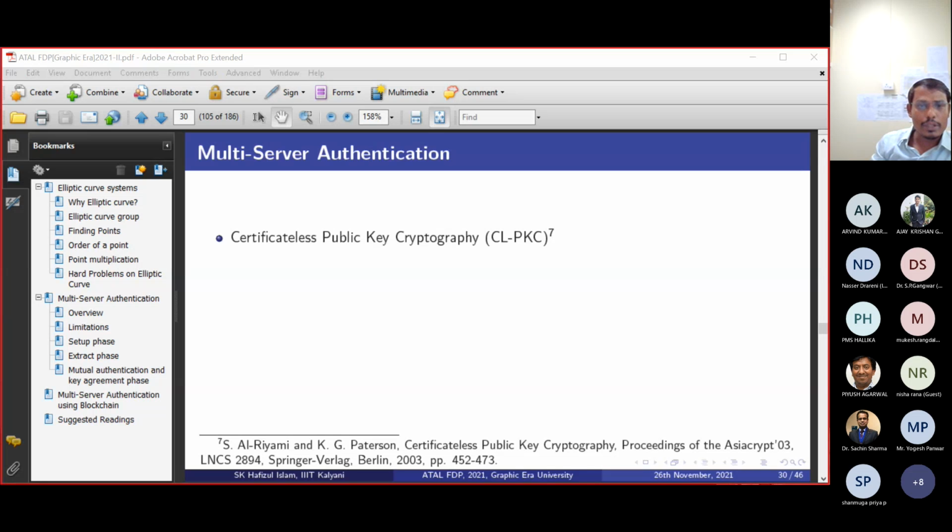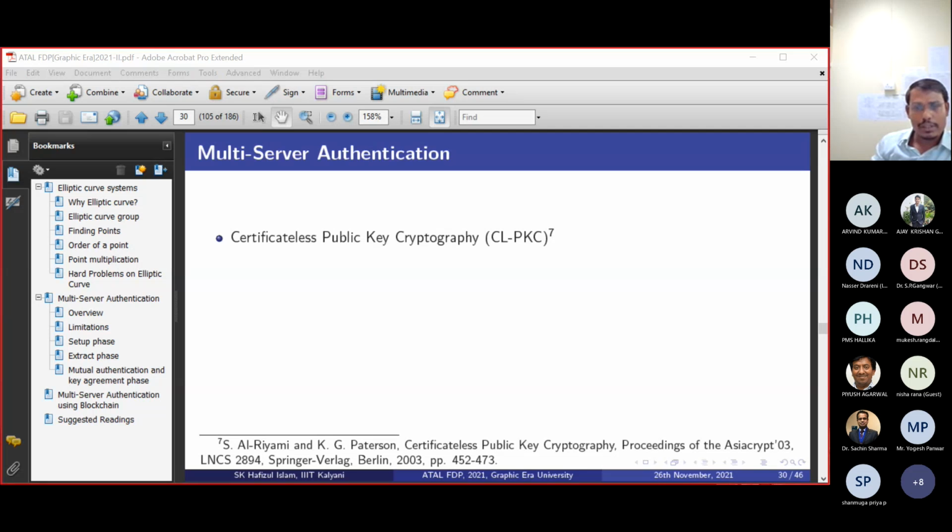The overall public key, if we denote it PK, is this xP and this Q, so we do not need any certificate to explicitly authenticate it. So CLPKC combines the advantages of the certificate authentication system and IBC. That is why it is better than both crypto systems, and this is a popular crypto system.